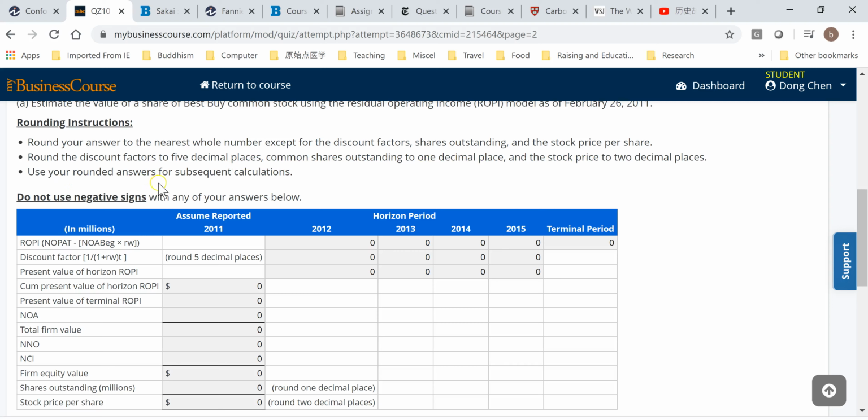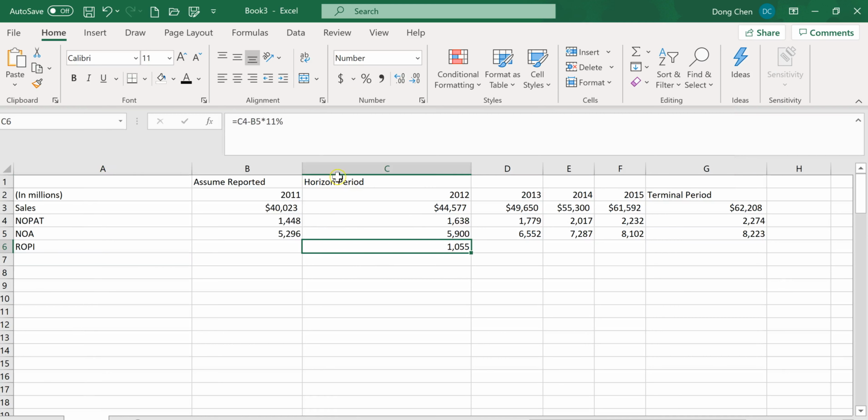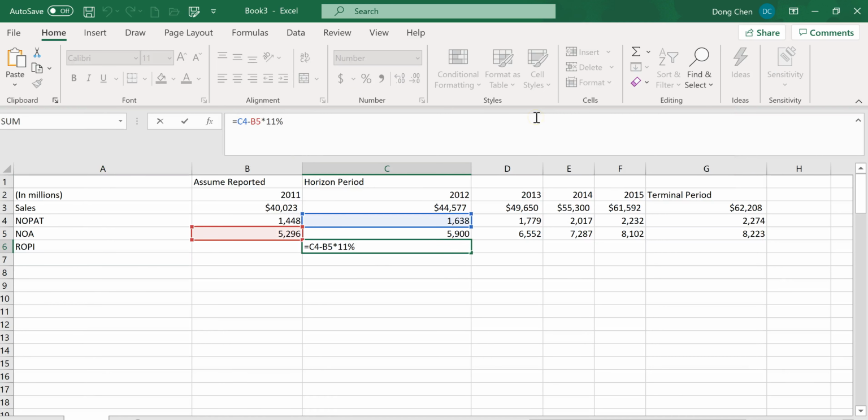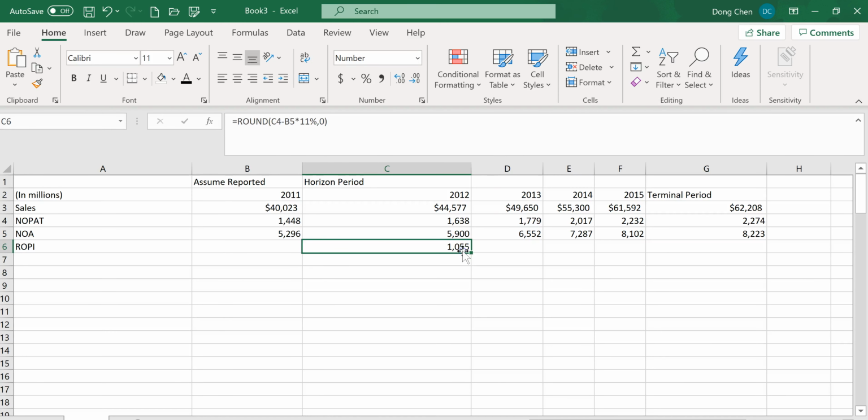Use your rounded answers for subsequent calculations. So we use the round function and keep 0 decimal places. Now I can pull all the way across to the terminal period.